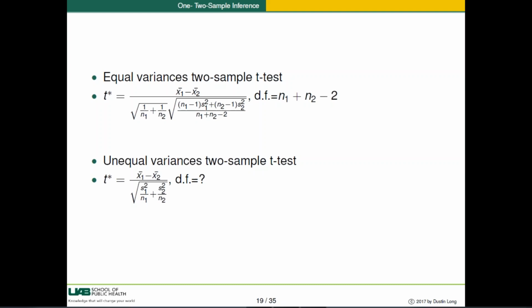If I'm using the unequal variances two-sample t-test, the degrees of freedom are much, much more difficult to understand. It's a function of the variances of the two groups and the sample sizes and everything. And the number that goes in here is sometimes called the Satterthwaite approximation. So with unequal variances, you would not want to try to do those by hand and then look it up in a t-table yourself without consulting a book to figure out the degrees of freedom estimation.